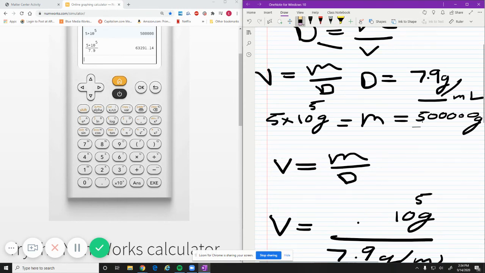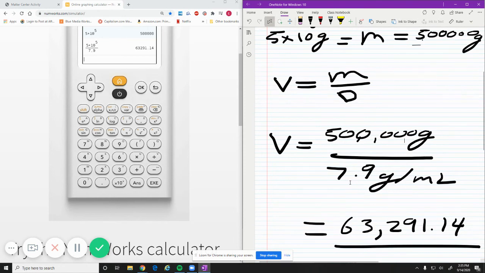Let's say you would have written it exactly as what it is, which would have been 500,000 grams. That would have given you that the smallest sig fig is this bottom number with 2 sig figs versus this one that has 6 sig figs.